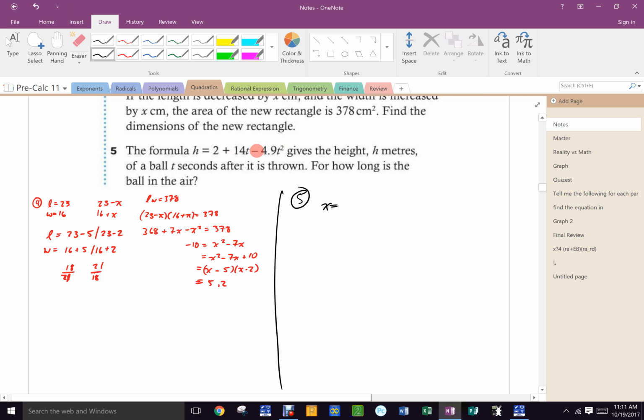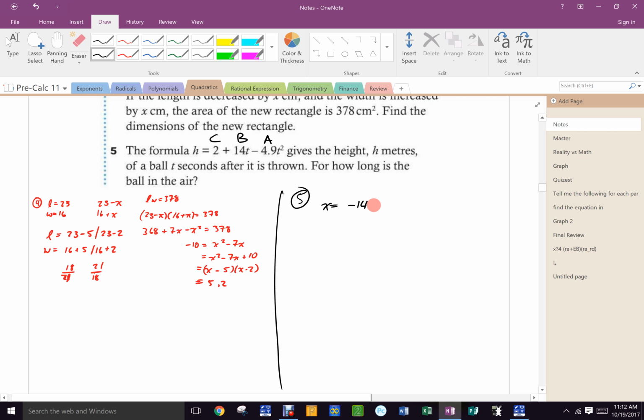Now look at this, it's written in a weird order, right? What's a? Negative 4.9. What's b? 14. And 2 is c. You have to do it that way. So fill it in.